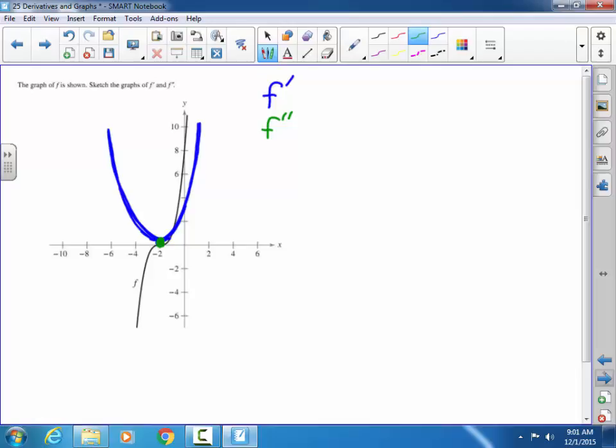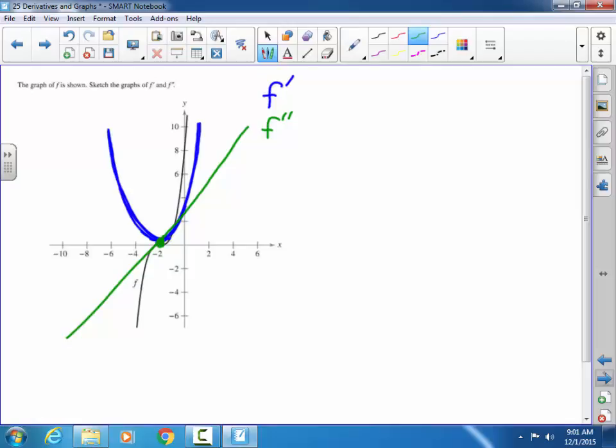So I'm just going to look at the blue line and take the derivative of it. After negative 2, the derivative is a positive number, and it starts off at 0, and it gets more positive as I go along. Before negative 2, the derivative is negative, and it is more negative as I go away.